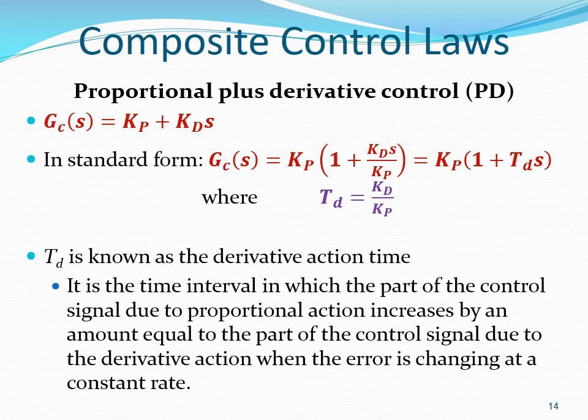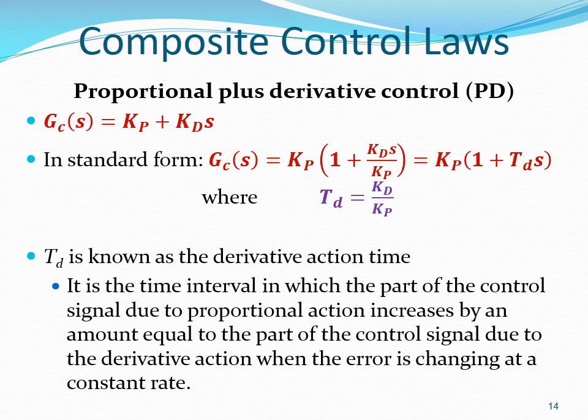For proportional plus derivative control, known as PD control, the TF of the controller equals Kp plus Kd s. In standard form, the TF equals Kp(1 + Kd s/Kp).